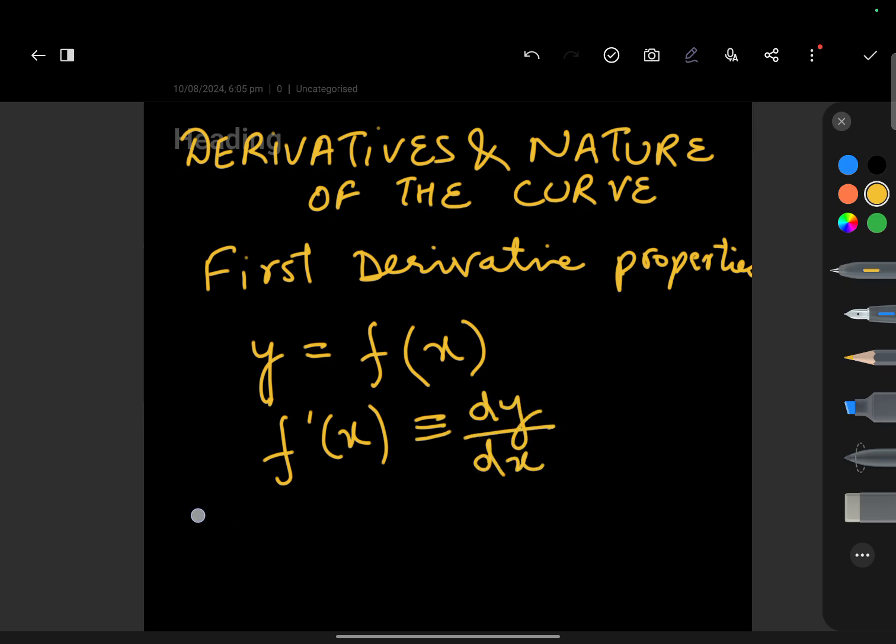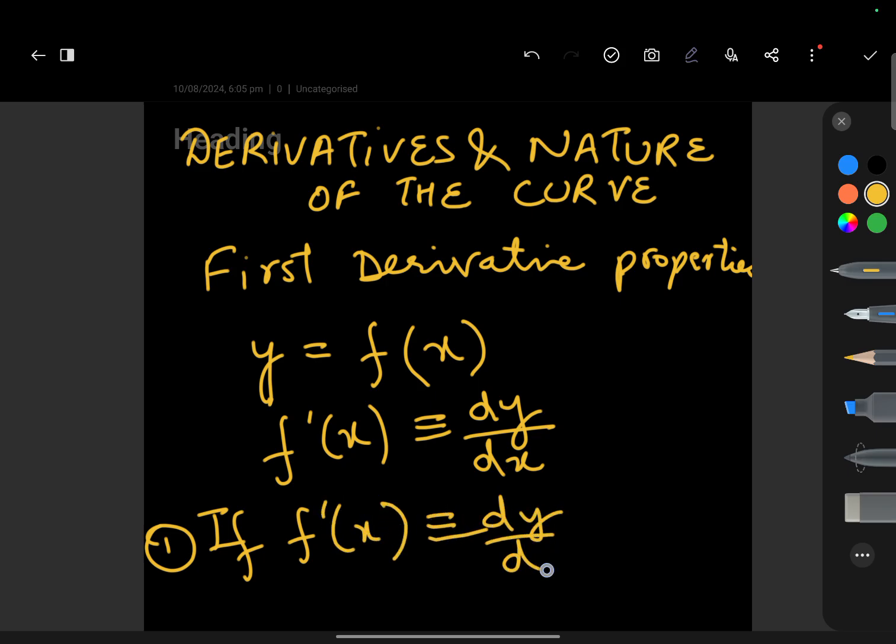So the first property is if f dash x is equal to dy upon dx, which is greater than 0. What does it mean? The first derivative is positive.